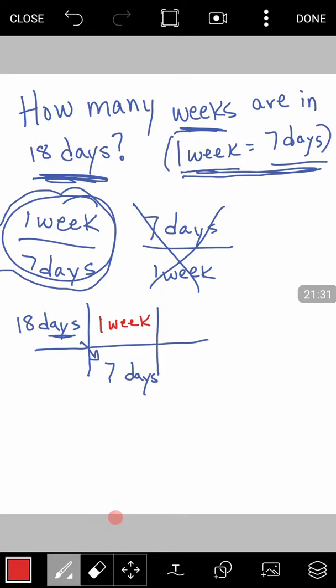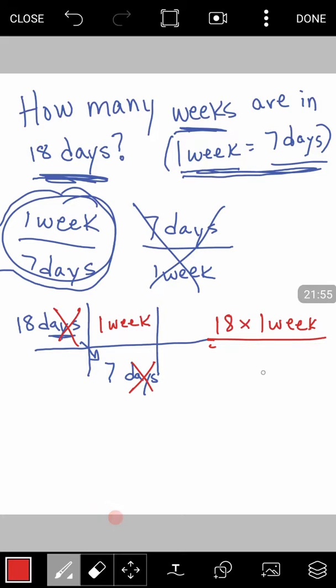All right, so the next step said that if you had units that show up on the top and the bottom, you can cancel them out. And we got days on the top and days on the bottom, so days and days can go away. Next, all the stuff on the top, you want to multiply. So that means we have 18 times 1 week on the top.